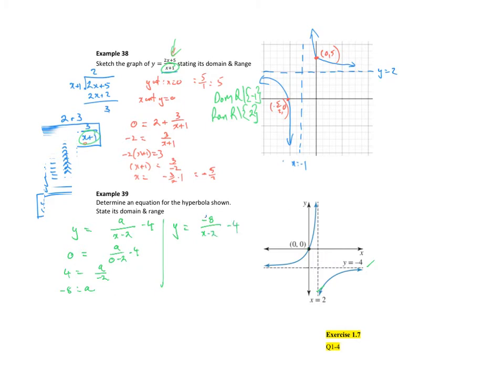So really pleased that we've got the negative sign there, which we expected because we're in the top left and bottom right quadrants. State the domain and range now. So the domain again, R except for 2. And the range is R except for -4.